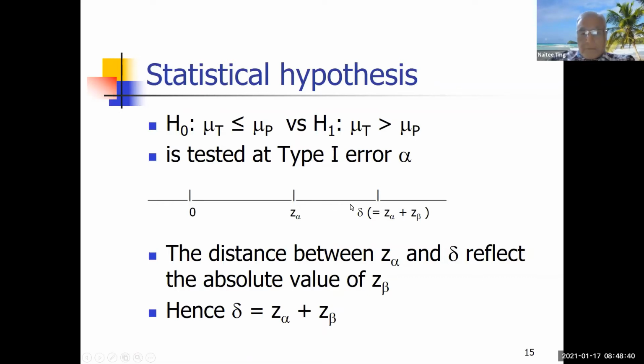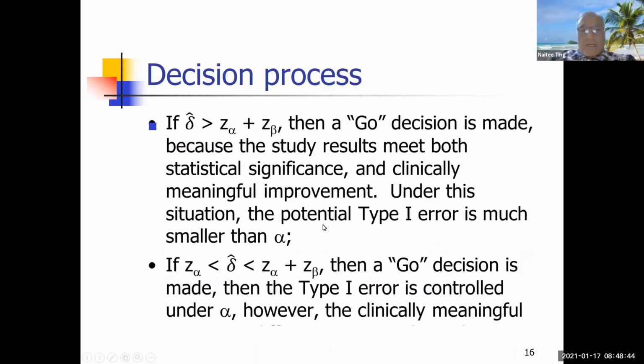So delta equals Z alpha plus Z beta. If delta hat is greater than delta, your observed value is greater than the target value, then it's a clear go decision. If your delta hat is between Z alpha and delta, then you still make a go decision. Your type 1 error is protected.